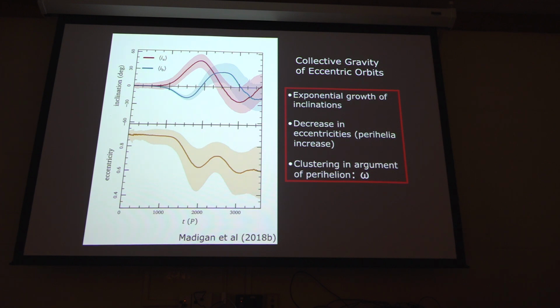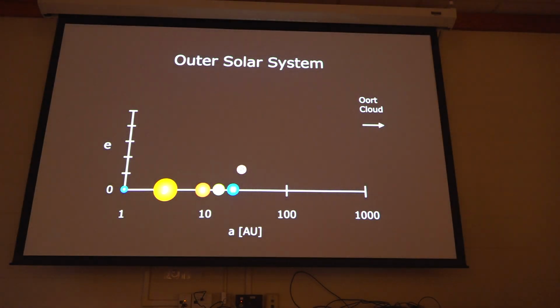So if you drop your eccentricity, you actually increase the distance. So this is going to be important comparing to observations. And the last thing is that they cluster in argument of perihelion, which is just a Kepler element way of saying they're all pitching and rolling in the same direction. Okay, so now, observations.